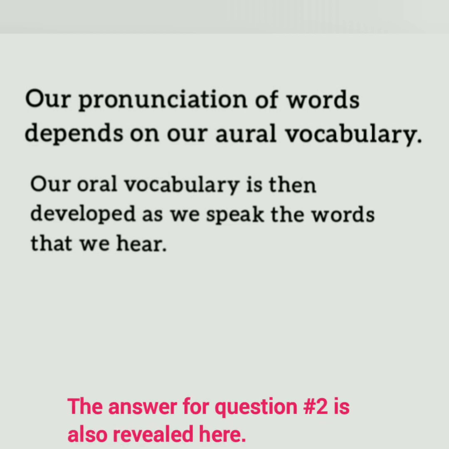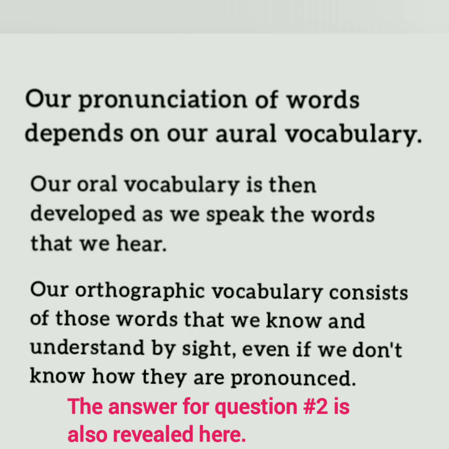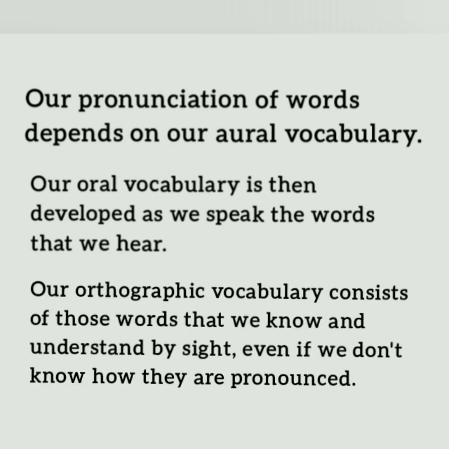Now there's another set of vocabulary that we have to look at which affects our comprehension, and that's our orthographic vocabulary. Our orthographic vocabulary consists of those words that even if we don't know what they sound like, we actually recognize them on sight, we understand them, and we know what they mean.